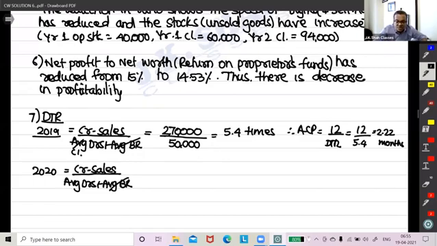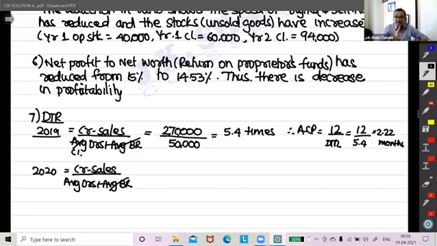That 50,000 is the opening of 2020, and the closing of 2020, I know, sir, is given in the question, 82,000. Right, you know a lot of things, but understand, people, for comparison there has to be some common basis. Do you agree with this, guys? Hello, do you agree with what I'm saying?